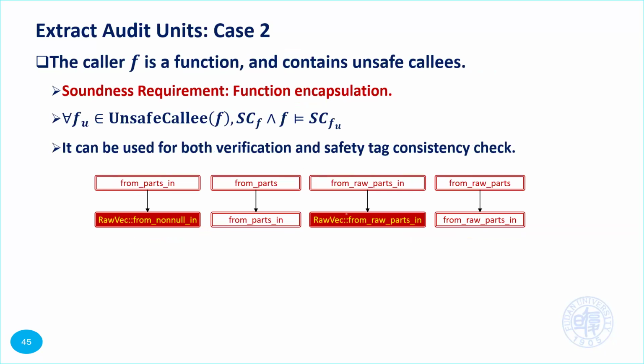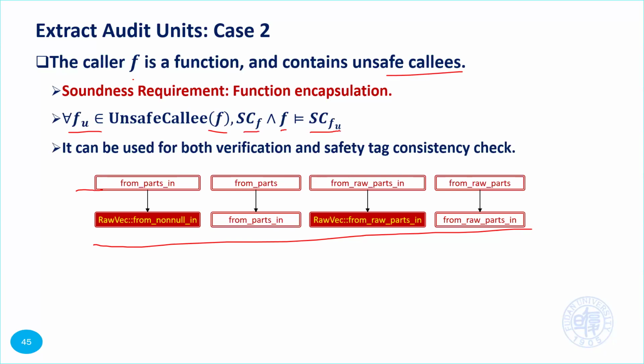Case 2 concerns function encapsulation, which means the function has unsafe callees. We have 6 function calls of this case. For all the unsafe callees of the caller, we should check whether the function and its safety constraint satisfy all the safety constraints of the unsafe callees.